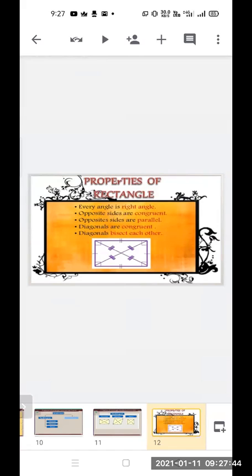Opposite sides are congruent. Opposite sides are parallel. Diagonals are congruent and diagonals bisect each other. So we can say that it is a type of parallelogram also, because the properties of a rectangle are similar to those of the parallelogram.